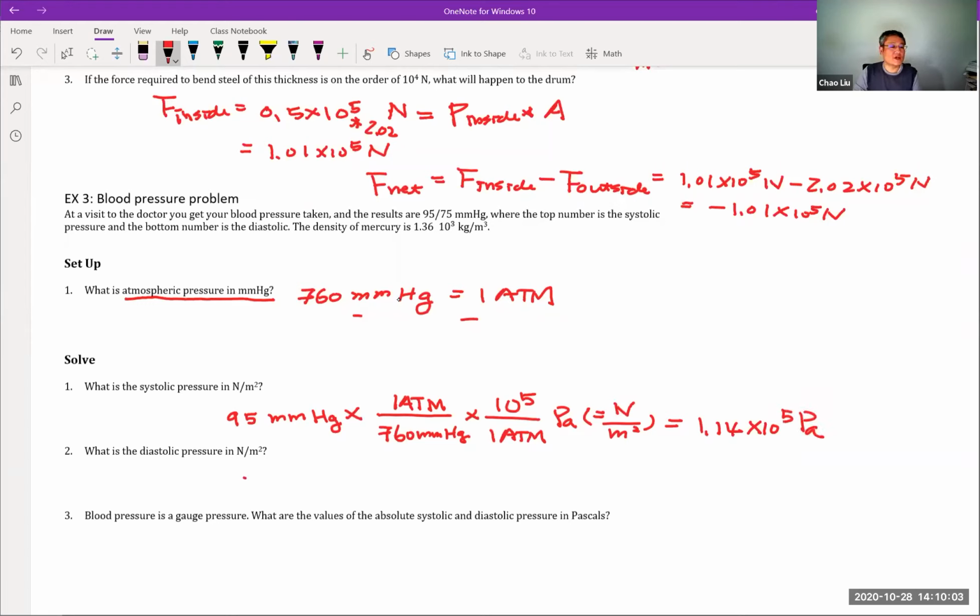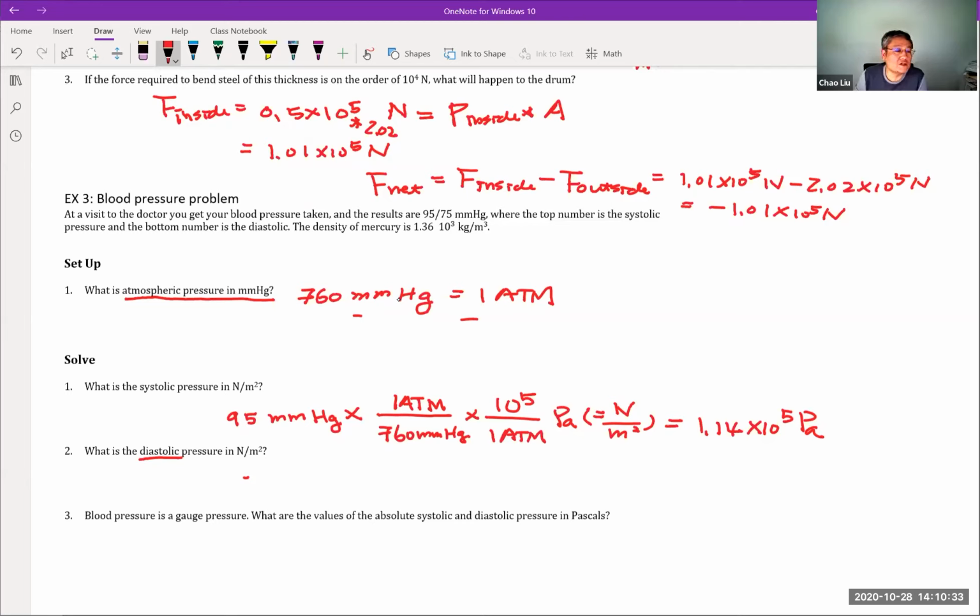And similarly, you can do this one if you wanted to do the diastolic blood pressure. Now, the 75 here is actually not the pressure of this one here. The 75 simply tells you the change of the pressure.